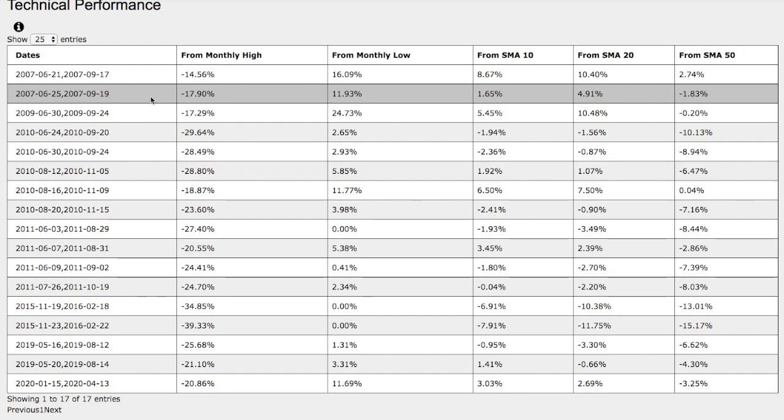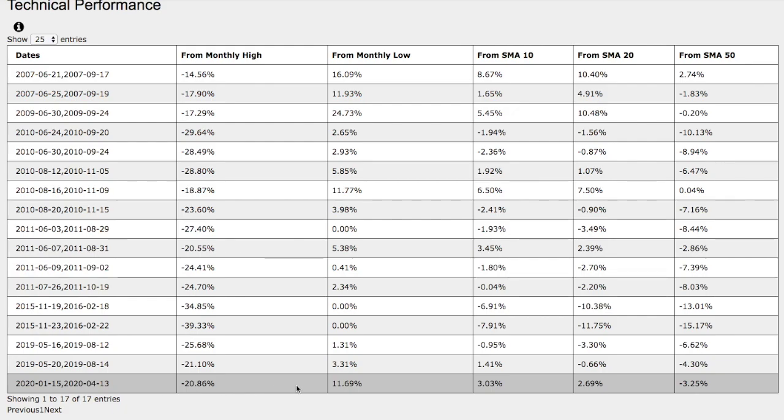And now the trend to examine its technical performance. It is down 18% from monthly high, up 12% from monthly low, up 1% from 10 simple moving average, up 5% from 20 simple moving average, and down 2% from 50 simple moving average. And its technical performance is similar to the trend that we're currently in.